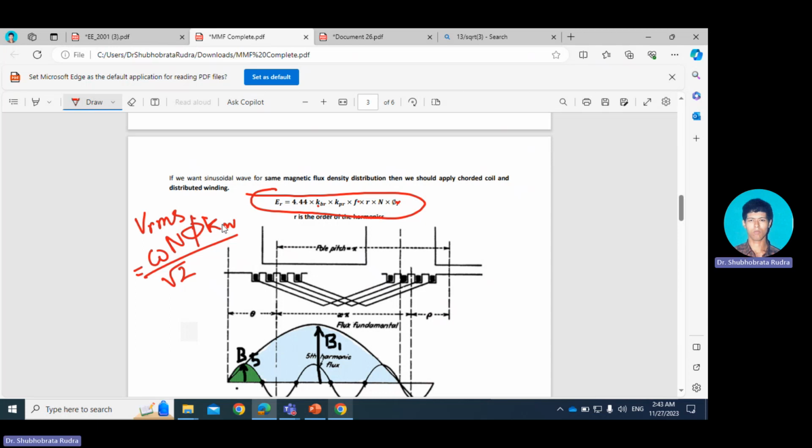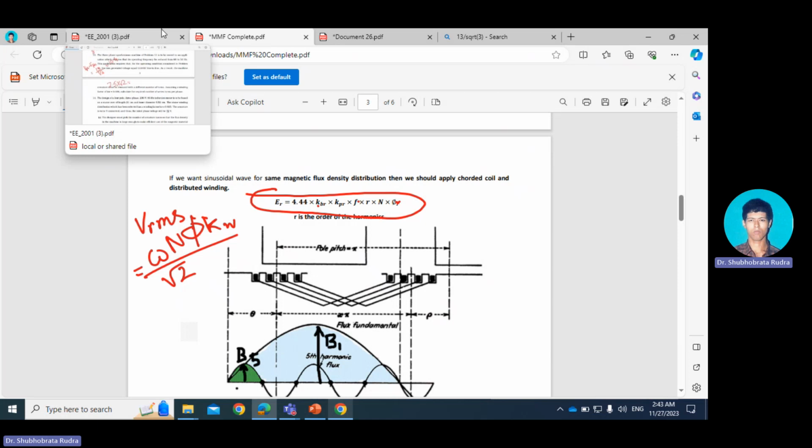So what is this N? N is the number of turns. Omega is the frequency in radian per second. And phi is the flux per pole. Right. So if you calculate that, let us see. I told you in the previous case, we should get some 8.24 kilovolt.